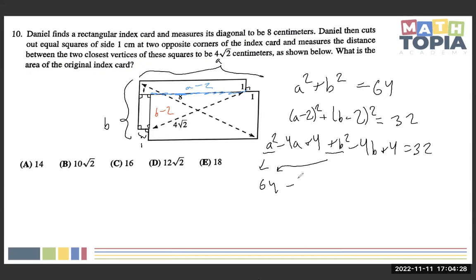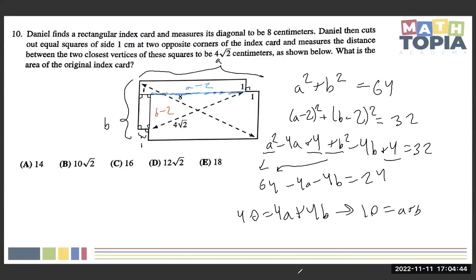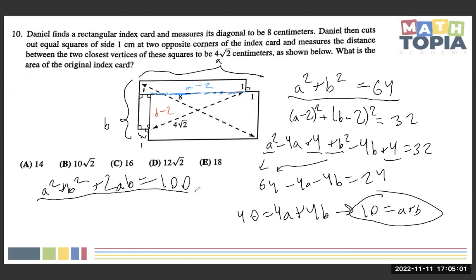Then minus 4A minus 4B is equal to 32 minus 4 minus 4, because we're subtracting both 4's, minus 64, giving negative 40. That gives us that 40 is equal to 4A plus 4B, which means that 10 is equal to A plus B. Now we combine with the other equation: squaring, we get A squared plus B squared plus 2AB is equal to 100. But A squared plus B squared is 64. So if we subtract the two equations, 2AB is just 36, and AB is equal to 18.